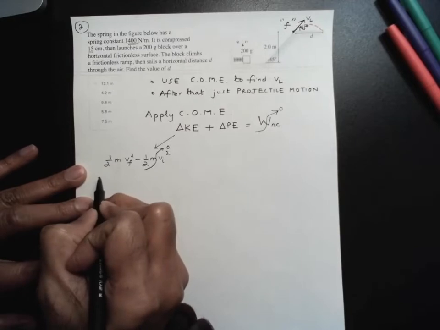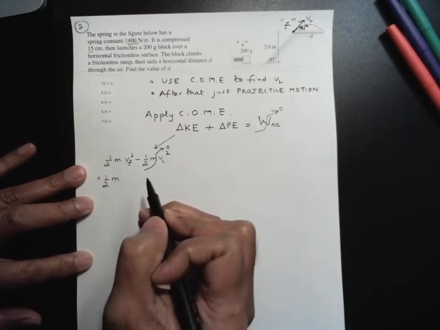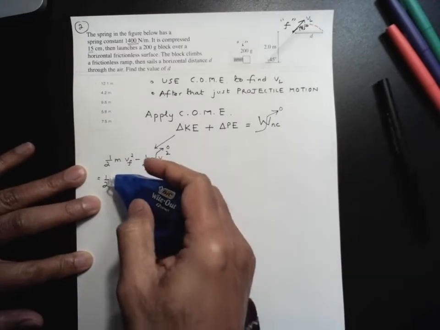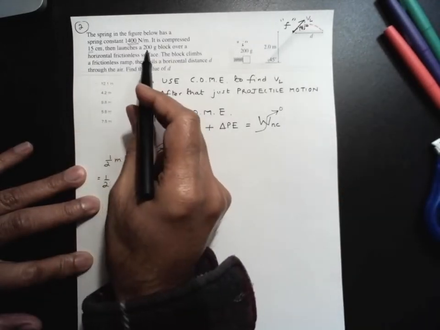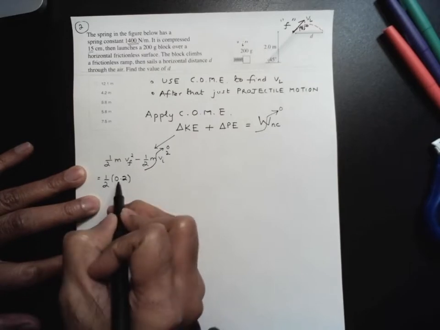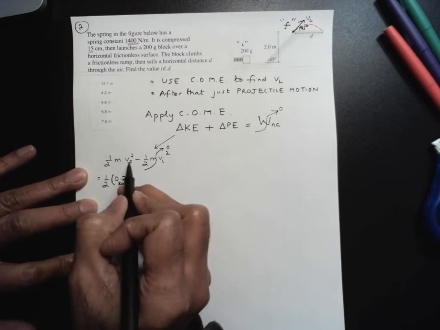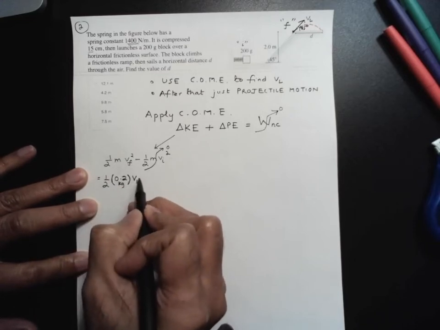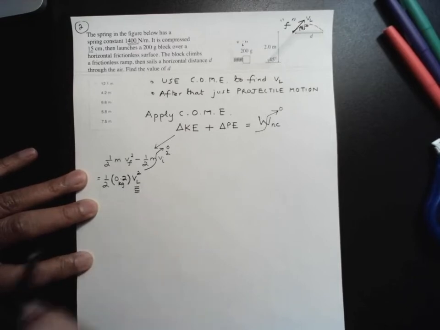And of course, I'll put in the mass. The mass is given to us to be 200 grams, so that's 0.2 kilograms. There's the mass. And the v final is the v launch squared, and we want to find this out.